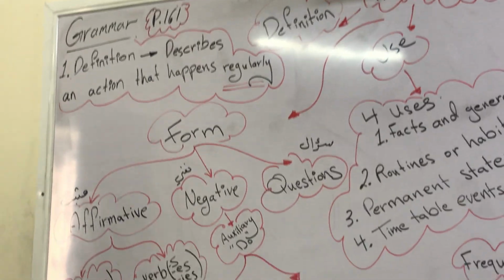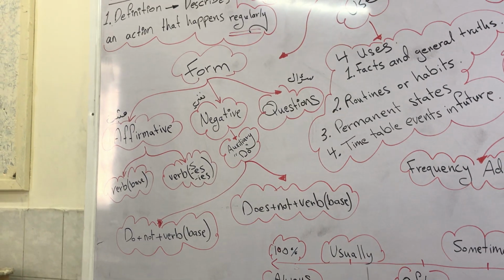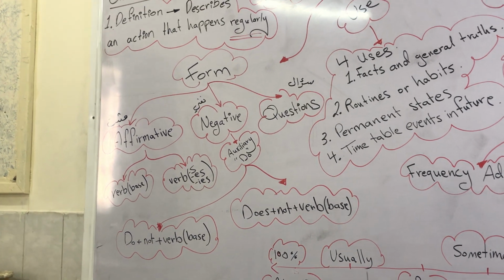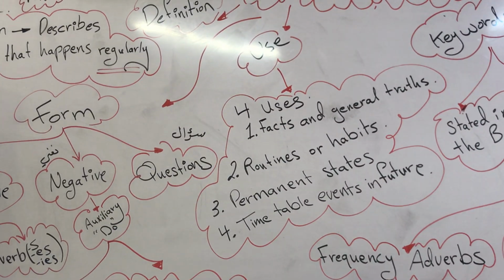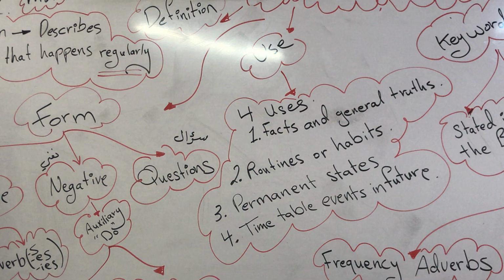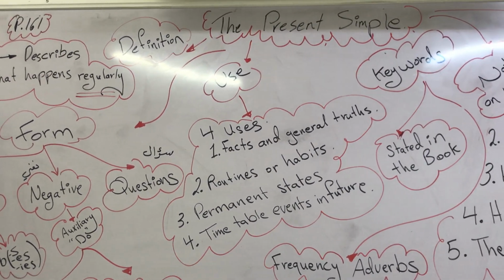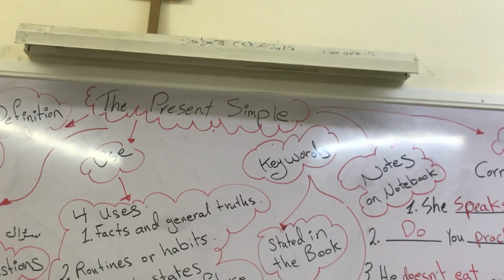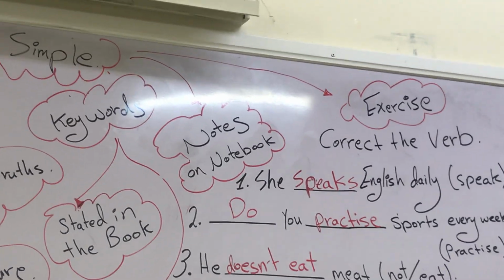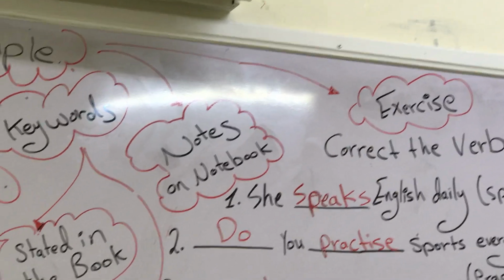Then we will go to the form of it. How can we make a sentence that is in the present? After that, we are going to talk about the use of the simple present tense, and then we will take the keywords regarding it, some notes, and last but not least, we will solve an exercise regarding it.